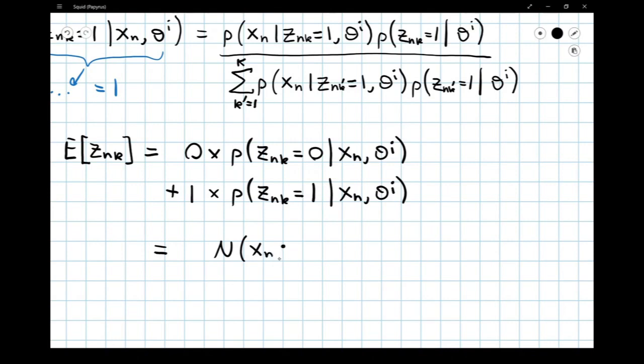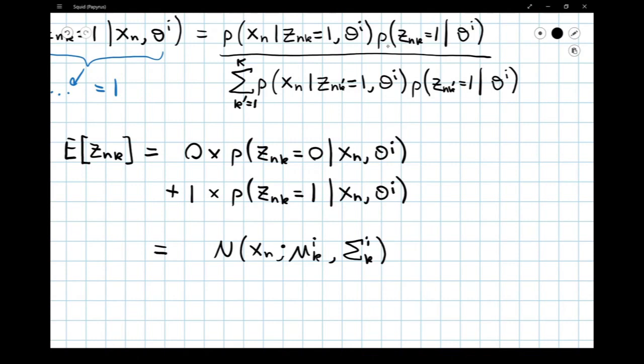It's going to have mean, so it's the kth distribution, and it's our ith estimate of the parameters. So it's mean mu k with a superscript I, and then covariance matrix sigma k, again our ith estimate of it, so with the superscript I.